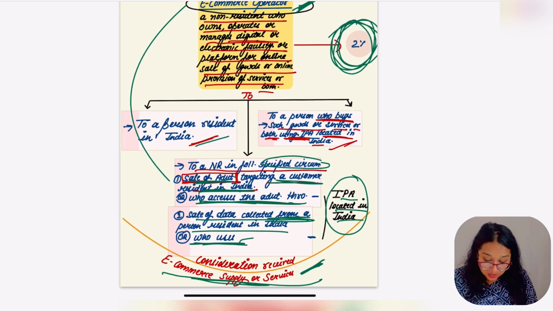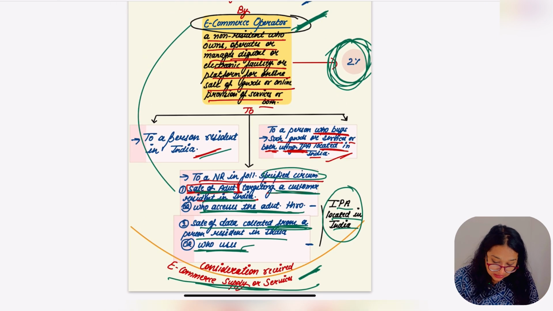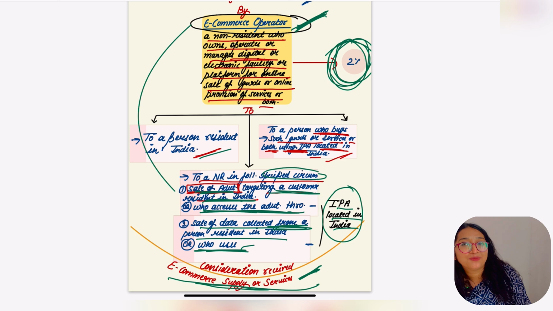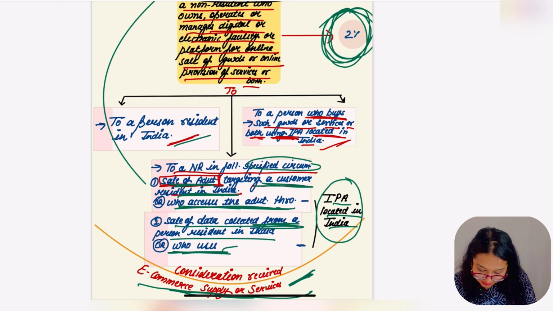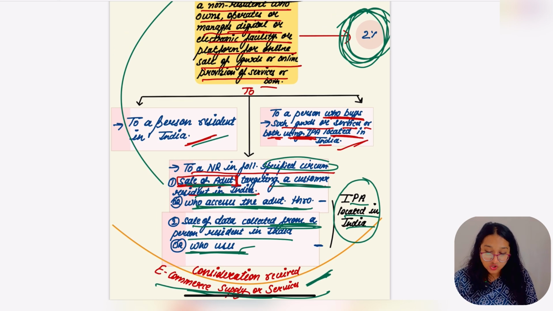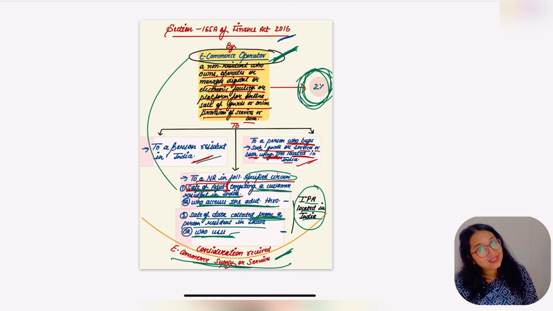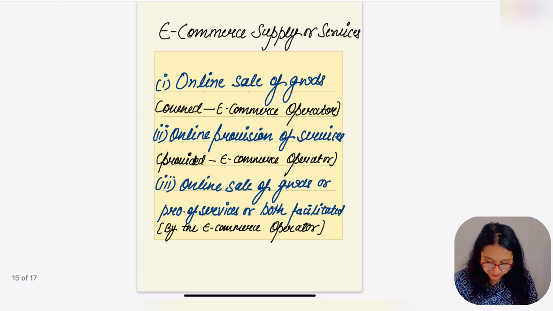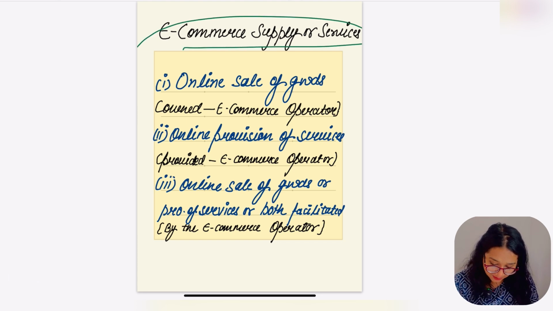But what are they saying? In this case, for the consideration received through e-commerce supply or services, the equalization levy is to be imposed at the rate of 2%. By whom? The e-commerce operator is going to pay. Is this part clear? Now we have to find out what is e-commerce supply or services.